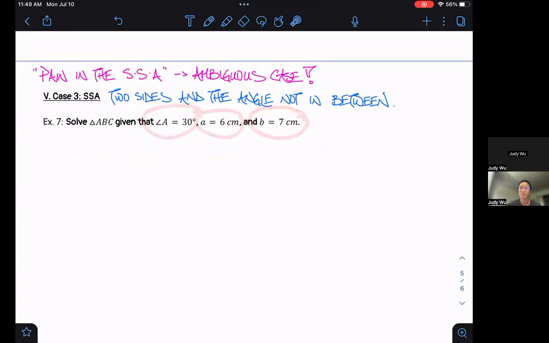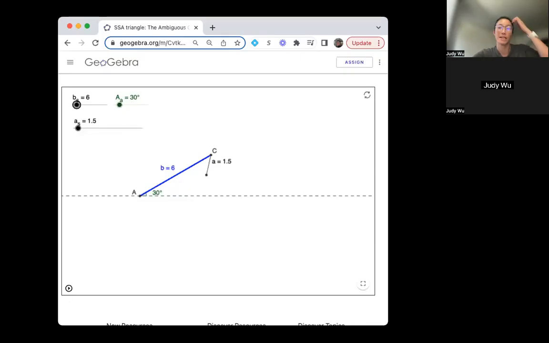Okay. And so let's go ahead and switch screens real quick. All right, so we should be able to see on my screen right now, I've got an applet called the ambiguous case by GeoGebra.